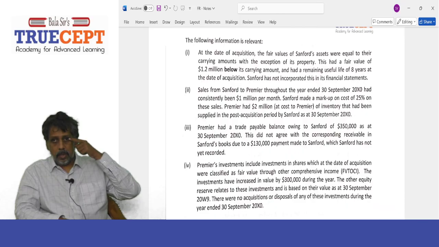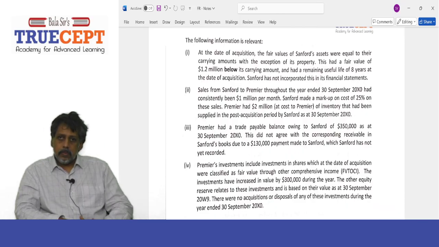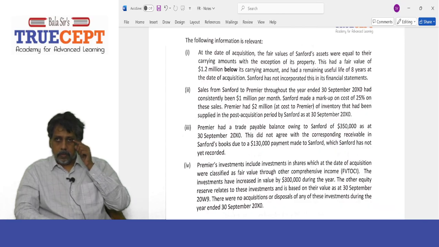And this did not agree with the corresponding receivable in Sanford's books, due to a $130,000 payment made to Sanford, which Sanford has not yet recorded. You saw that Sanford has not recorded the $130,000 that you paid.